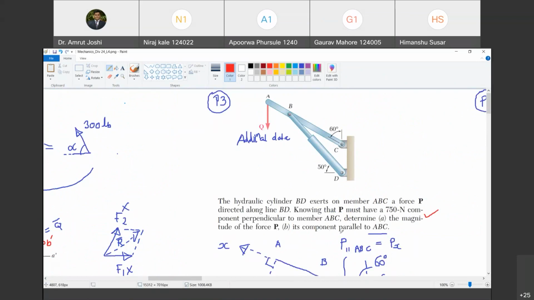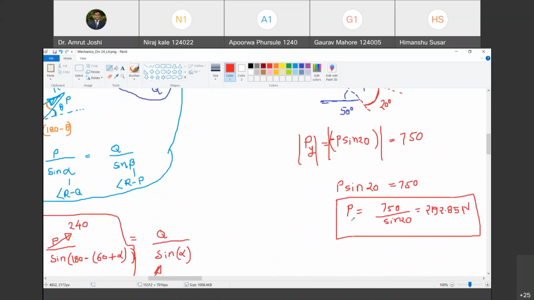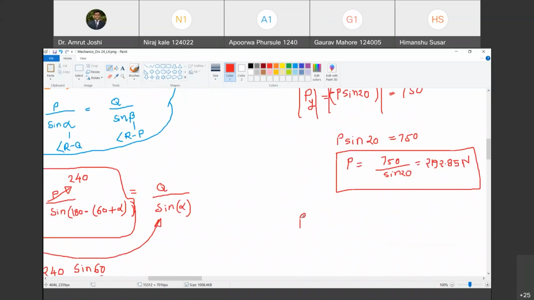Now we have to find out its component parallel to ABC. So what is that component? P cos 20. So magnitude of Px is going to be equal to P cos 20. So it is going to be 2192.85 cos of 20.